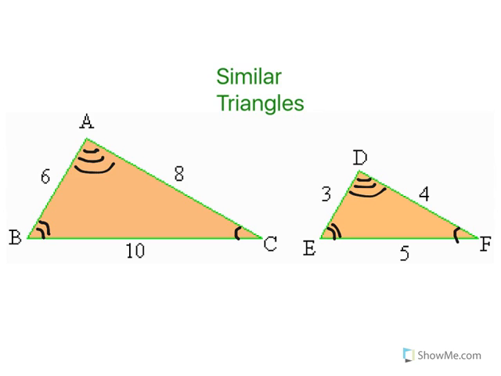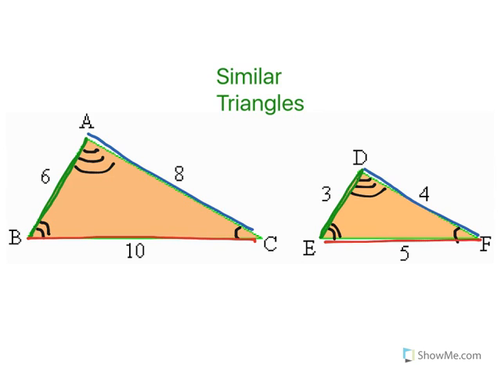So if we look here, let's color code the corresponding sides. This side here corresponds to this side here. AC here corresponds to DF here. And BC here corresponds to EF here.